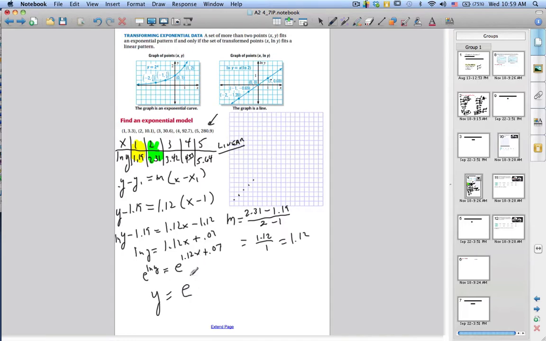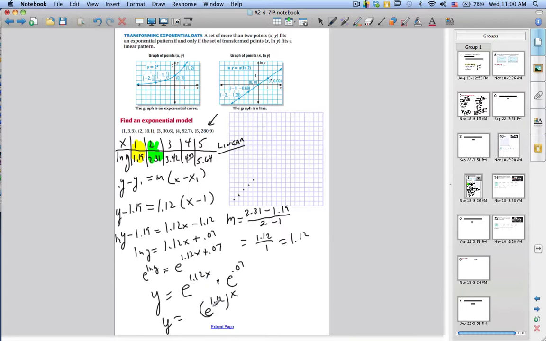This would be e to the 1.12x times e to the 0.07, because when I multiply with the same base, I add the exponents. And equally, I could say this is e to the 1.12 to the x power, because when I take a power to a power, I multiply the exponents.